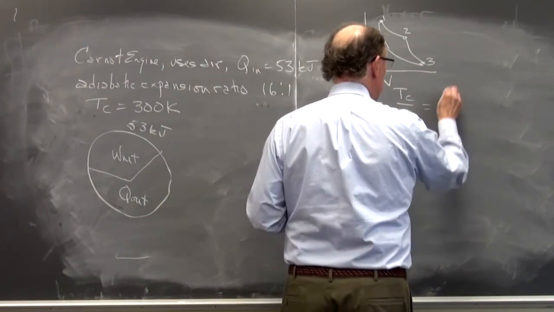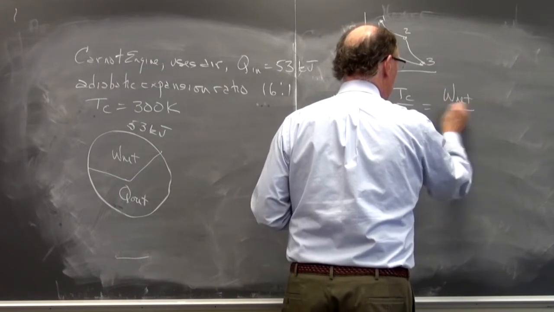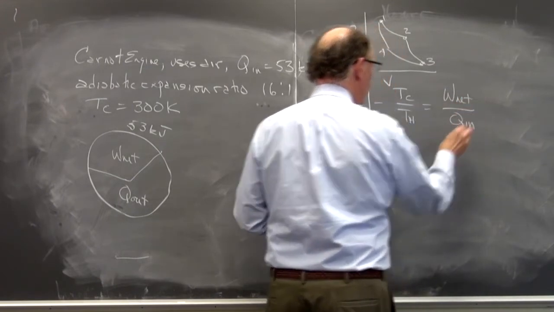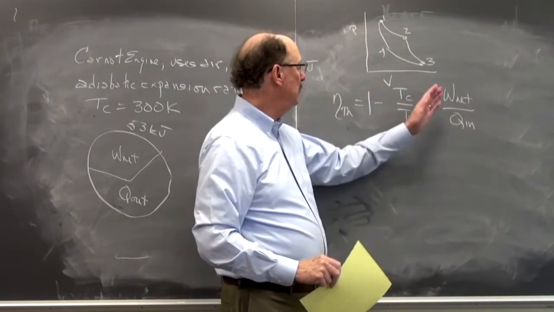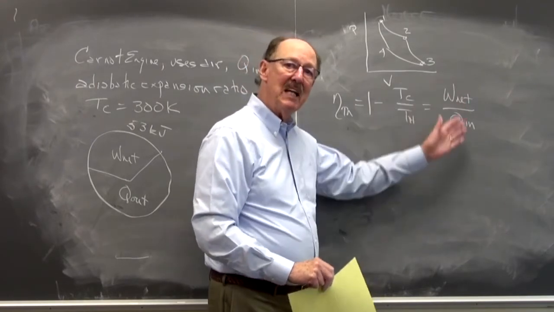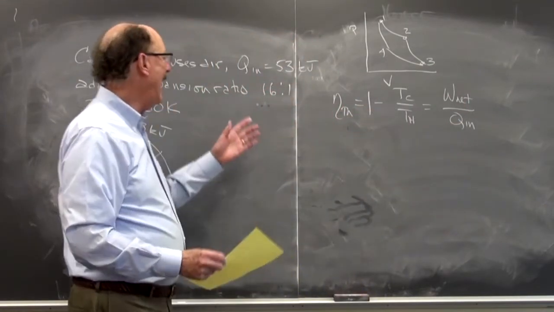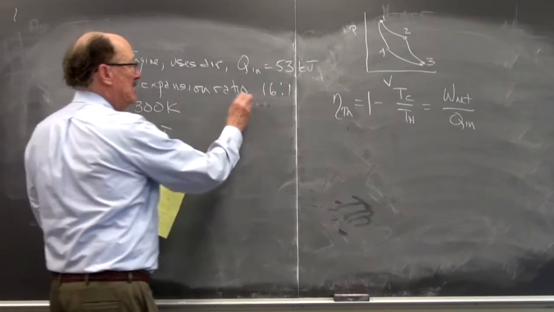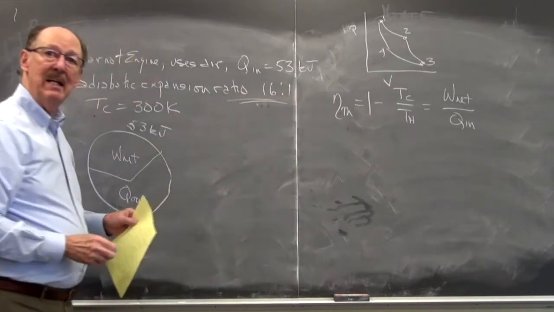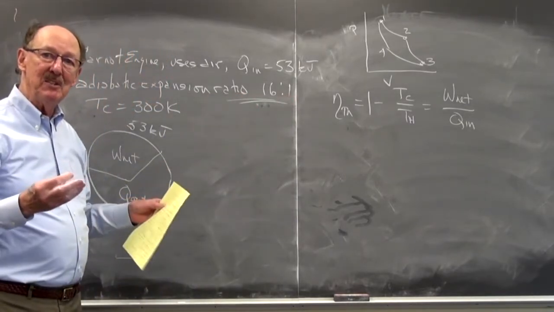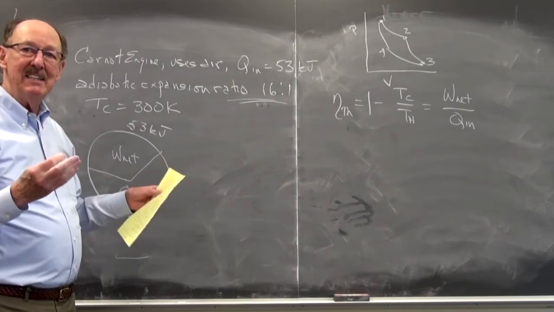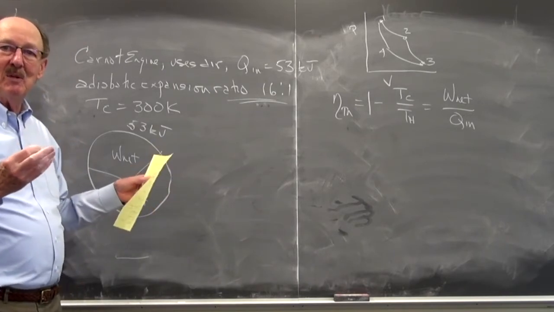And we say, well, this is W net over Q in, and I know Q in just as I know TC, but I still end up with the same number of unknowns. But what is the other piece of information I haven't used? The adiabatic expansion ratio. So what is the adiabatic expansion ratio?